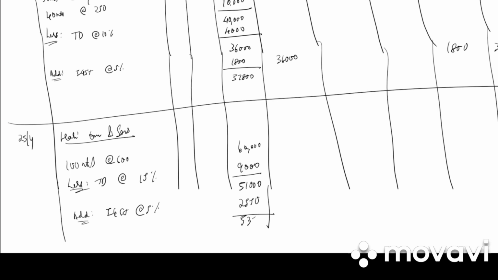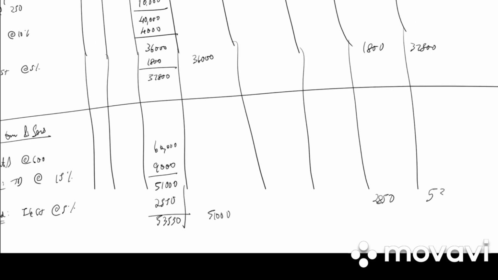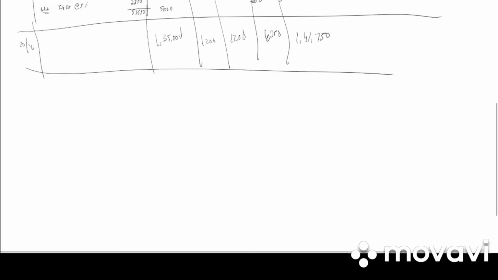We get 53,550. Under purchase column 51,000. Under IGST we have 2,550. And total will be 53,550. Then on 30th April, what will be the total? Purchases, it is 1,35,000. CGST 1,200, SGST 1,200, IGST is 4,350. And total will be 1,41,750.